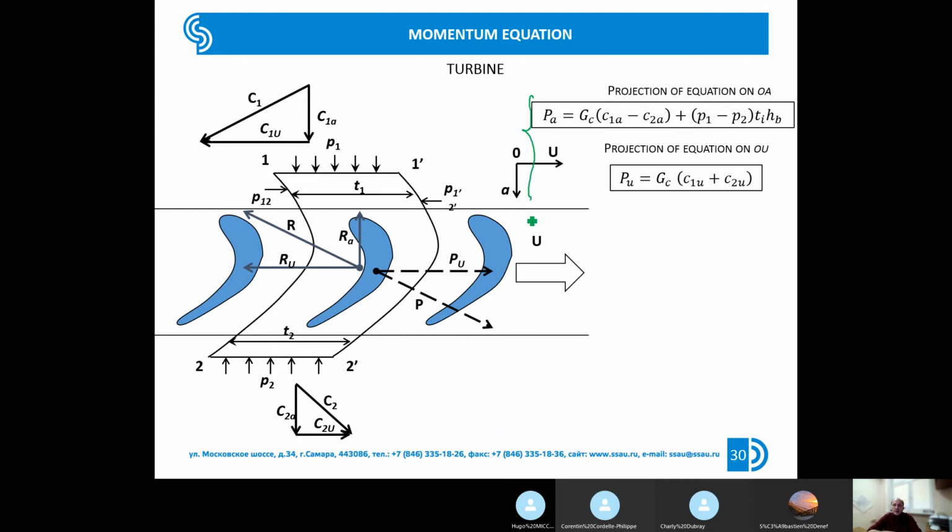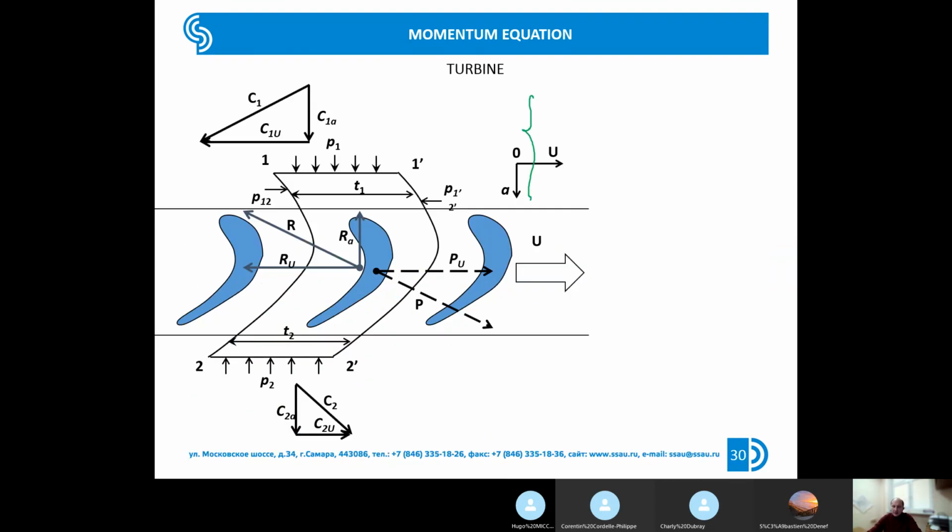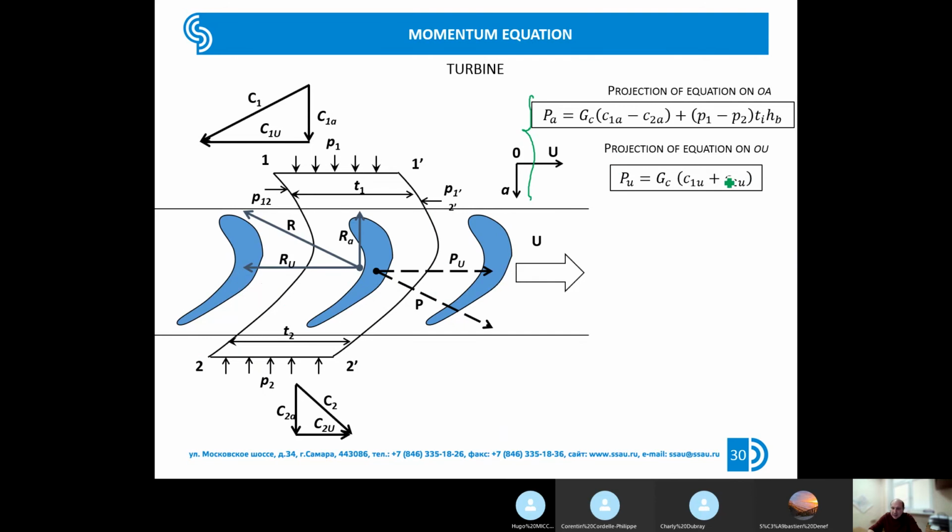These two equations are the momentum equation for the turbine. It looks like the equation for the compressor, with only one exception: here there is a plus sign. The first equation is the same as for the compressor.